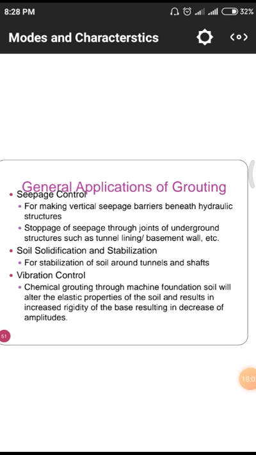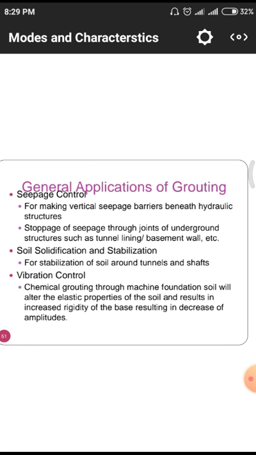Soil solidification and stabilization also take place, for stabilization of soil around tunnels and shafts and for controlling vibrations. The last one is chemical grouting through machines, where the foundation soil alters its elastic properties and gains increased rigidity of the base, resulting in decreased amplitudes.